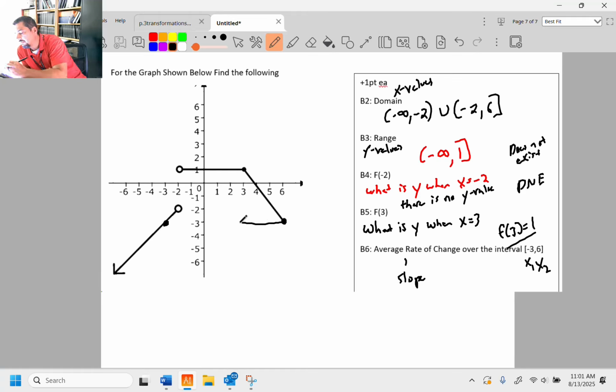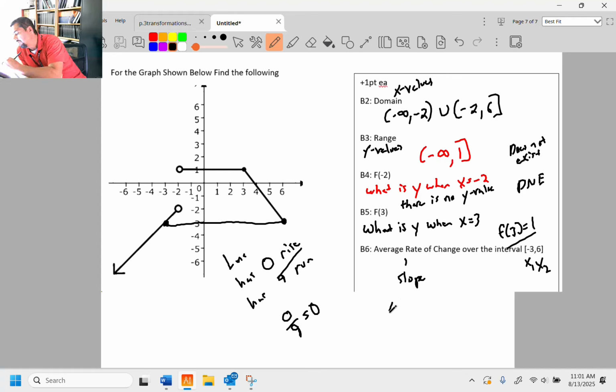And I'm going to think about the slope of this line. This line has 0 rise. It runs 9. But anyways, the slope is 0 over 9, which is 0. So the average rate of change is 0.